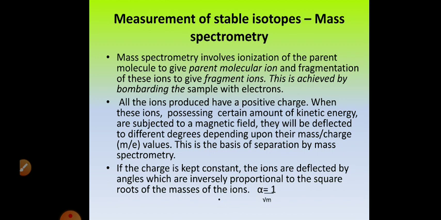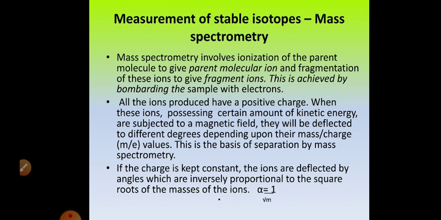This is achieved by bombarding the sample with electrons. That means the parent molecule or sample is bombarded with electrons. Because of that, the parent molecule is converted into a parent molecular ion, followed by its fragmentation to give fragment ions. All the ions produced have a positive charge.